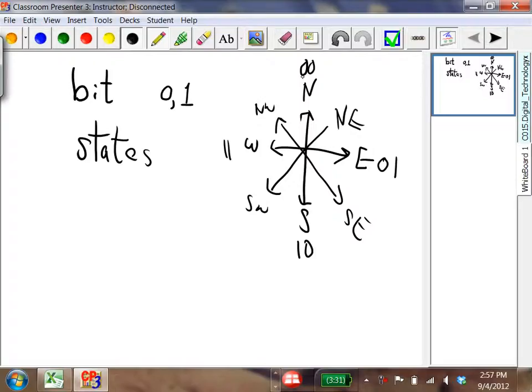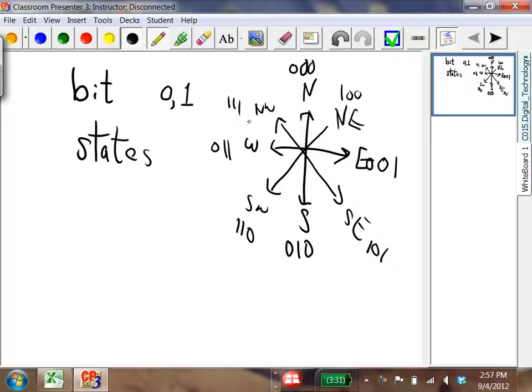North can be 000, east can be 001, south can be 010, west can be 011. And these others, then, would be 100, 101, 110, 111.